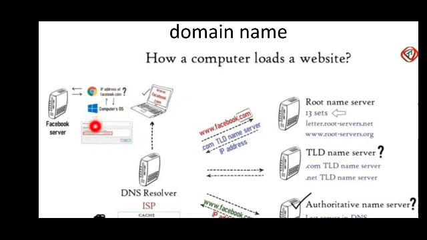If the operating system has the IP address of that website, it will reply to the web browser. But if it does not have that IP address, then it will ask the DNS resolver.